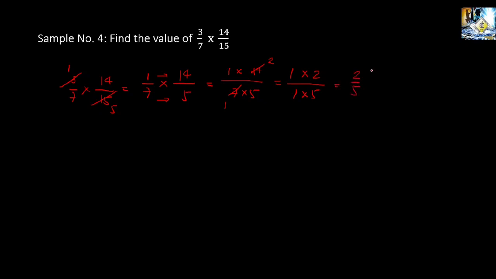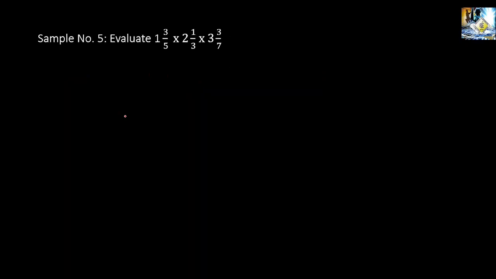Okay, so this process, what we did, is dividing both numerator and denominator of the fraction by the same factor. We call this process, again, we defined it a while ago, the cancelling process. Okay, so I hope the cancelling process is clear to everyone. Okay, let's move to the next example.